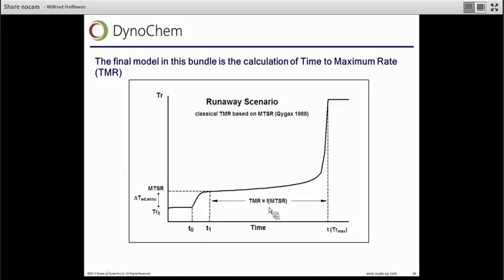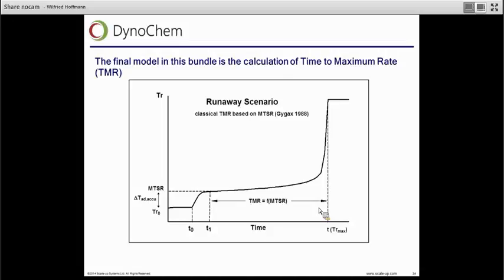And the links were very nice. You can see if you have a high MTSR, that means high accumulation, that will give a short time to maximum rate. And if you have low accumulation, that gives a low MTSR, and a correspondingly longer time to maximum rate. And as the time to maximum rate can be linked to the thermal risk, it's indirectly proportional.